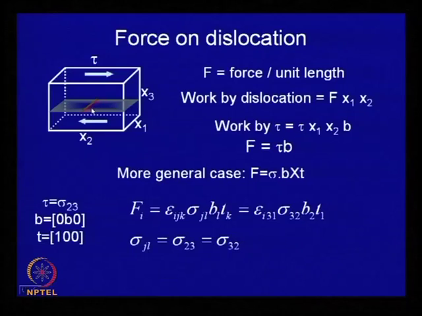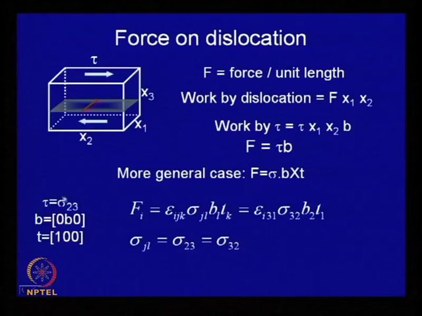So, the vector representing the dislocation direction is 1 0 0. That means t 1 is non-zero, the rest are 0, whereas if we assume this is an edge dislocation, the Burgers vector points along the x 2 direction. Therefore, only the x 2 component of the Burgers vector is non-zero, the rest are 0.